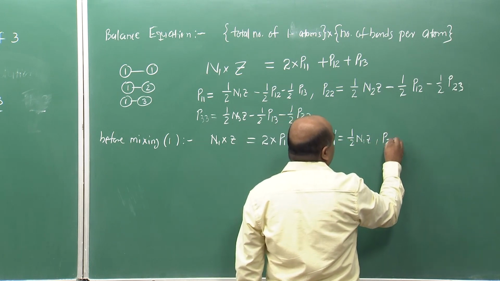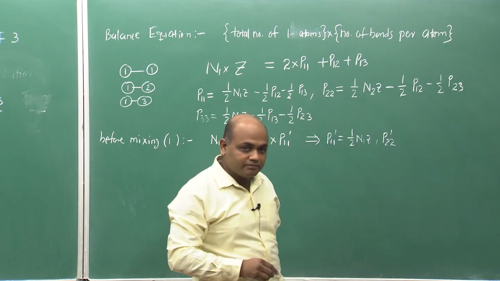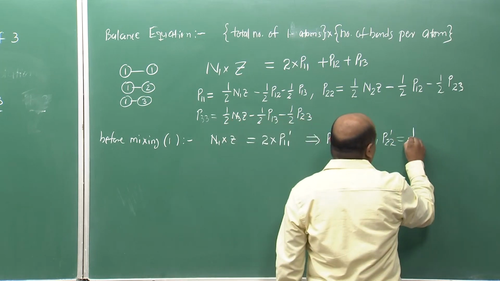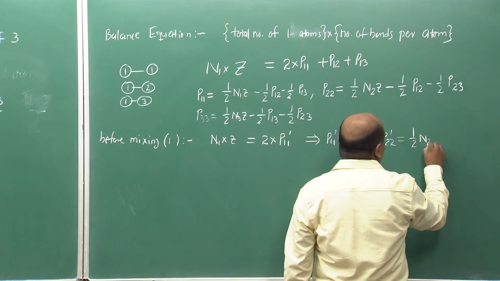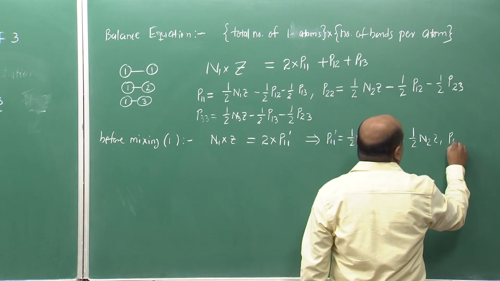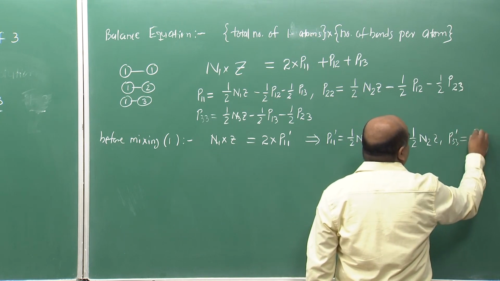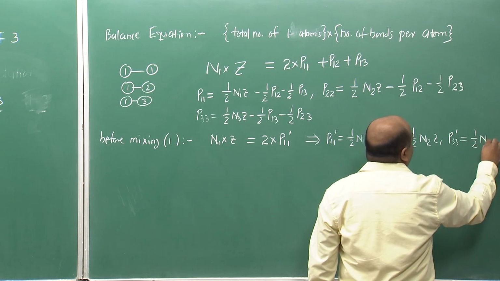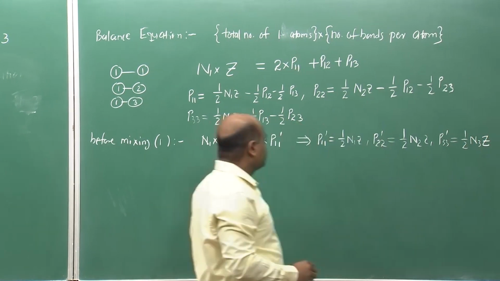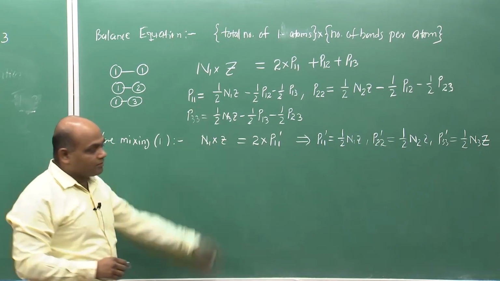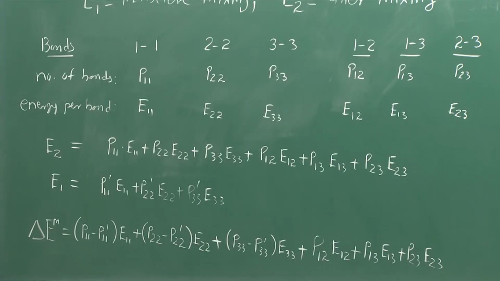Similarly, P22 prime will be 1/2 N2Z, and P33 prime should be 1/2 N3Z.